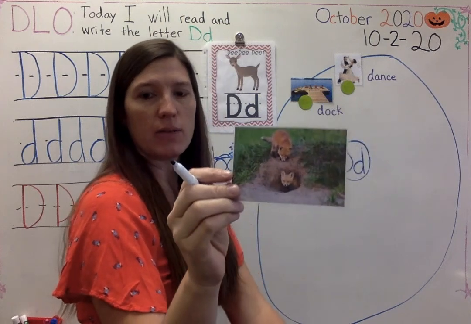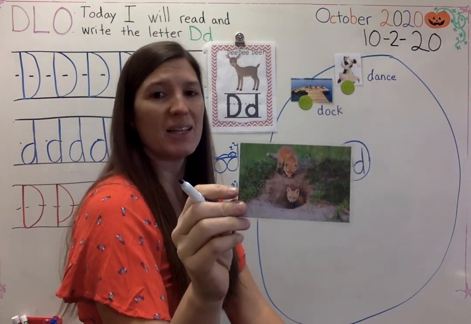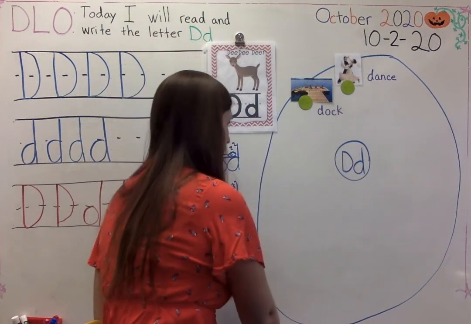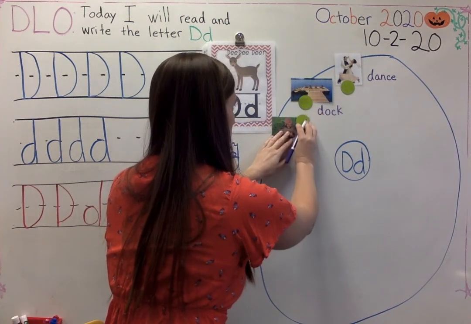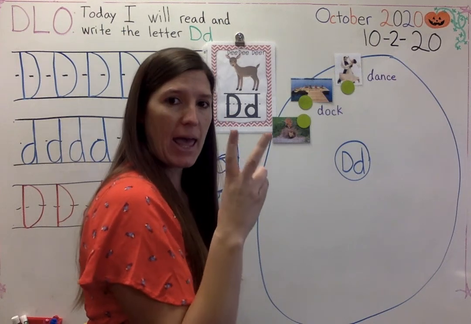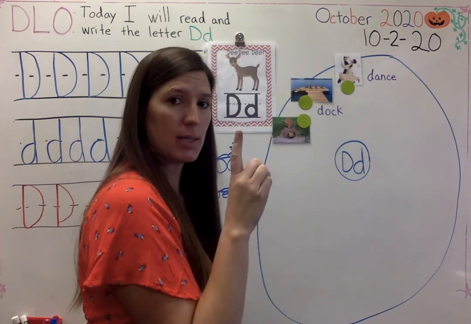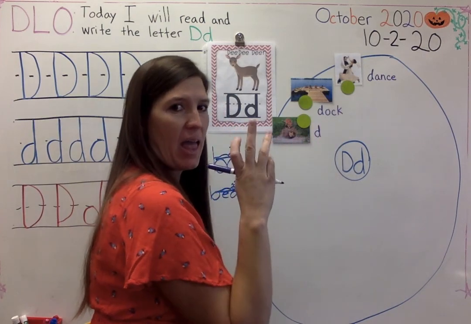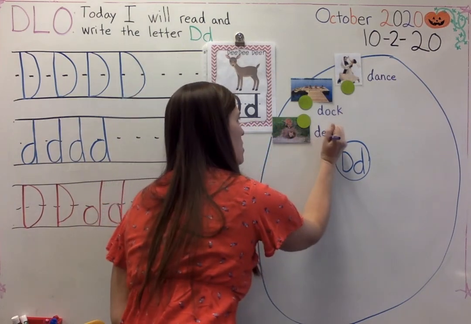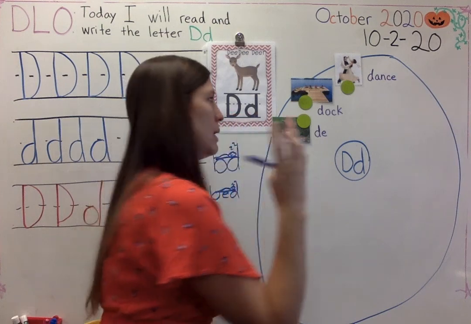Some animals live in an underground home, and it's called a den. D, den. D-E-N, den. What says D? D. What says E? E. What says N?